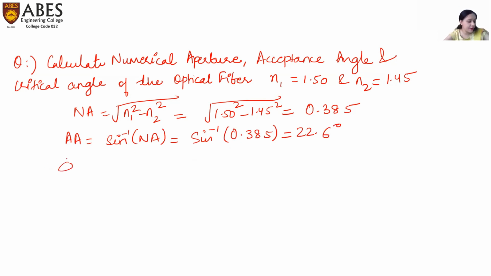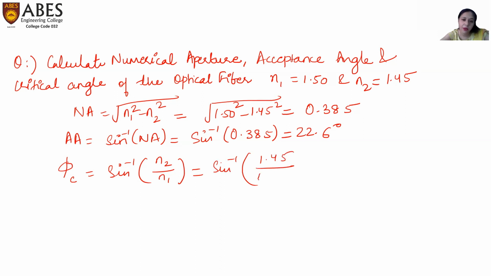And the critical angle phi c will be sine inverse of n2 by n1, that is sine inverse of the ratio of refractive index of cladding to the refractive index of core. So it will be sine inverse of 1.45 by 1.50, and its value will be 75.3 degrees. So like this, we have calculated the critical angle as well. Let's do some different question again.